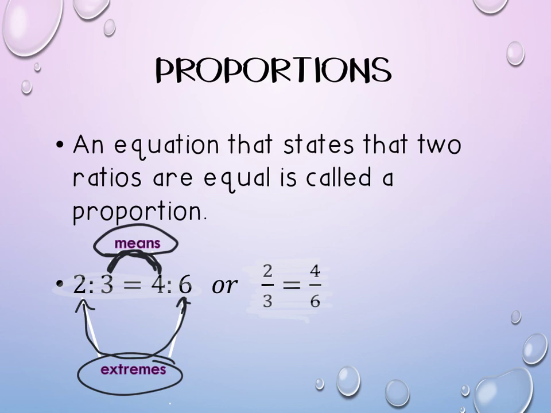If I write it in colon form, the first and the last are the extremes, and the two in between are your means. If I write it as a fraction, the first number and the last number that you write are the extremes, and the second and the third that you write are the means. So that's just a vocab term you're going to see. Again, extremes on the outside, means on the inside.